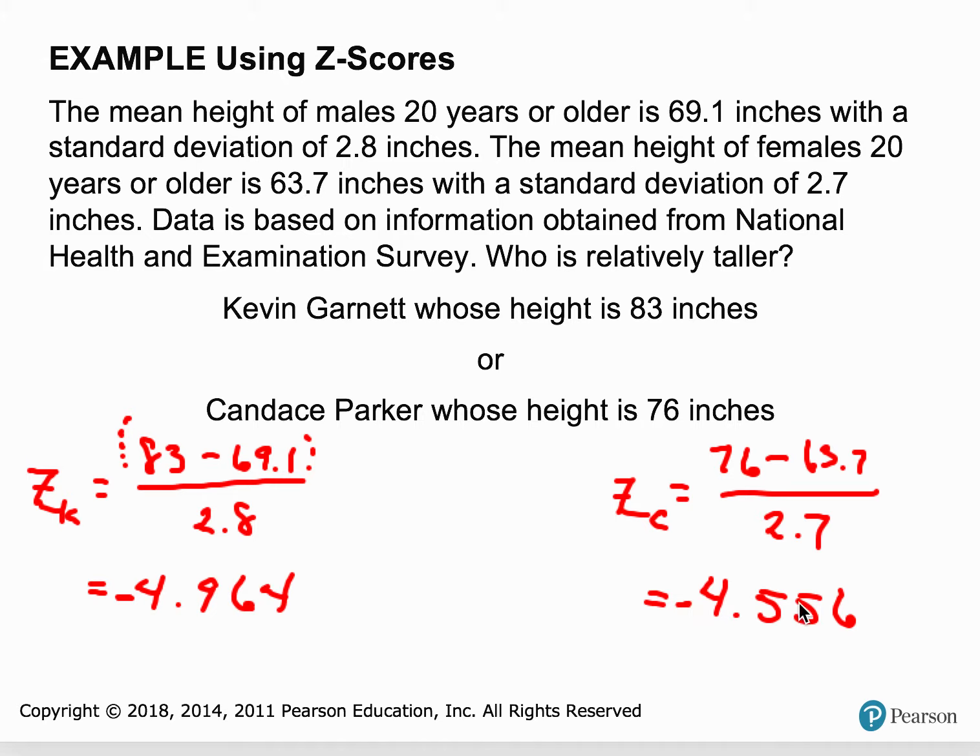Even though Candace's score is larger, negative 4.5 is larger than negative 4.9, we would still say that Kevin is relatively faster because he's farther away from the mean. So be careful with those negative scores.